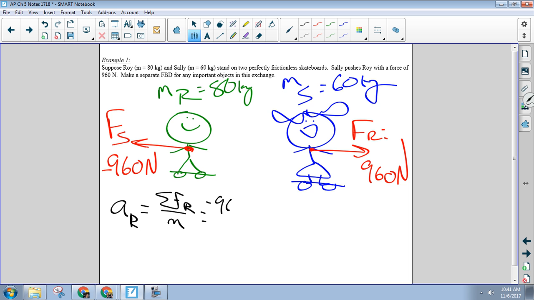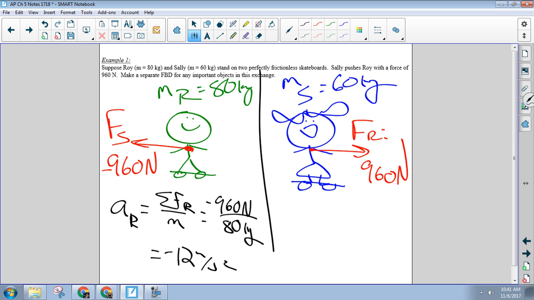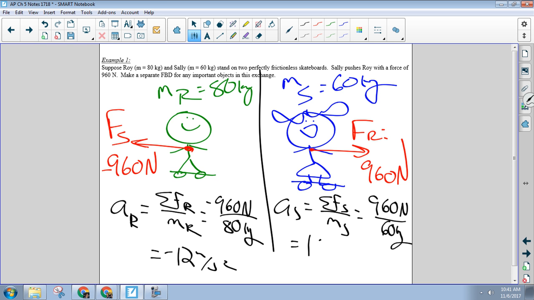So negative 960 newtons over 80 kilograms gives you negative 12 meters per second squared. And over here, the acceleration of Sally is the net force on Sally divided by her mass. So 960 newtons positive over her mass, 60 kilograms, gives you 16 meters per second squared.